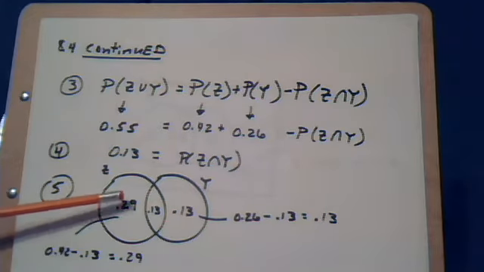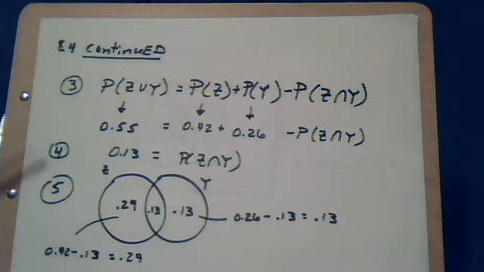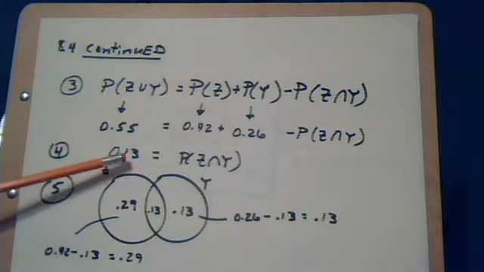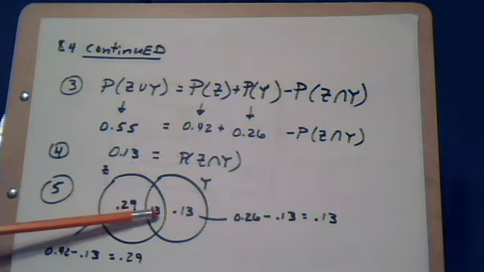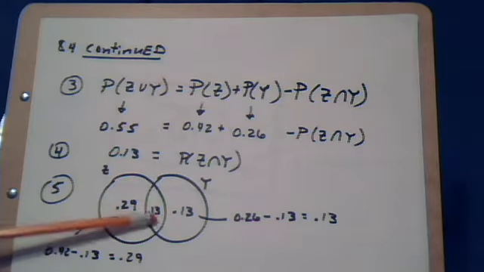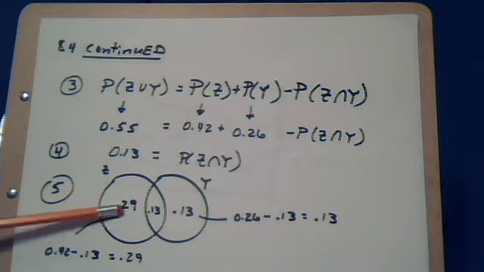Notice how we're filling in these regions, and how we find out what they are. The intersection is where they overlap. That's the 0.13, it goes here. For the 0.29, you take 0.42, which is what they gave us at the beginning, and subtract this little piece so you get this region.